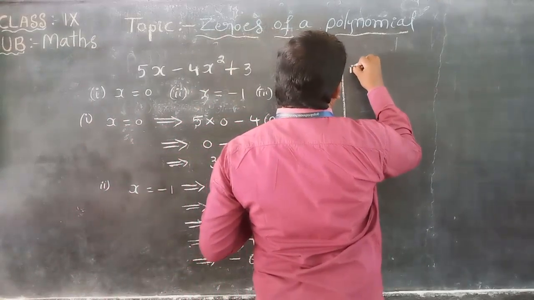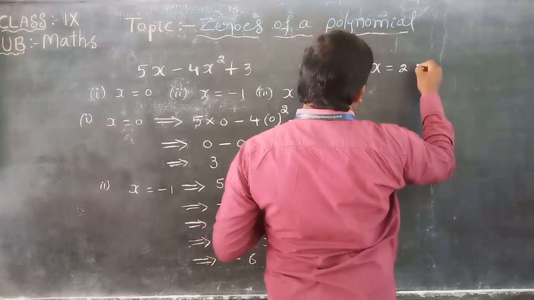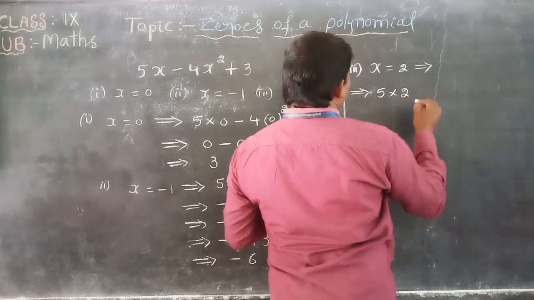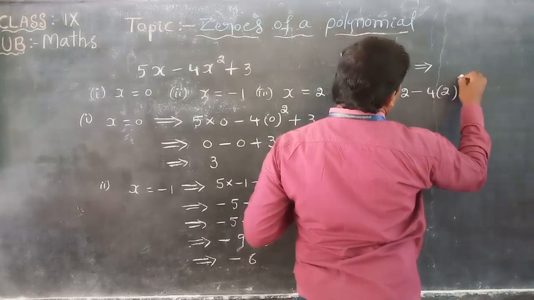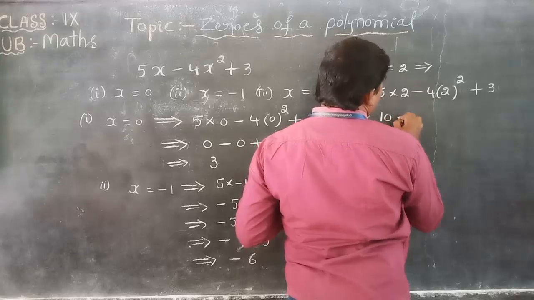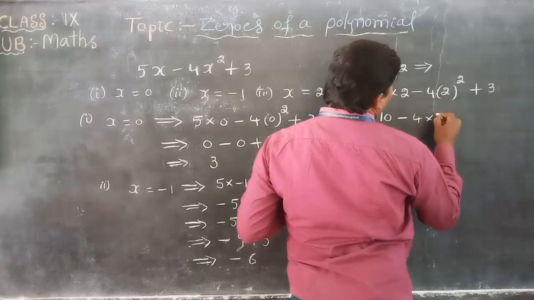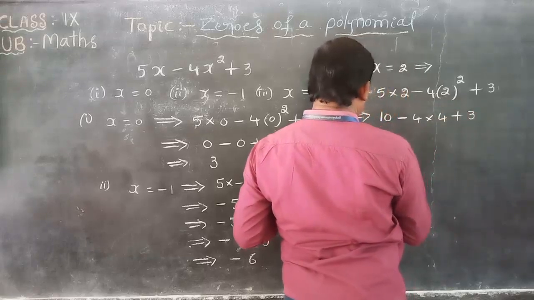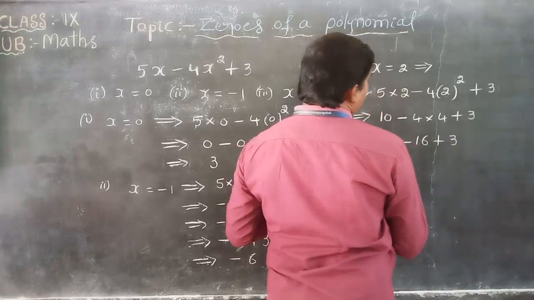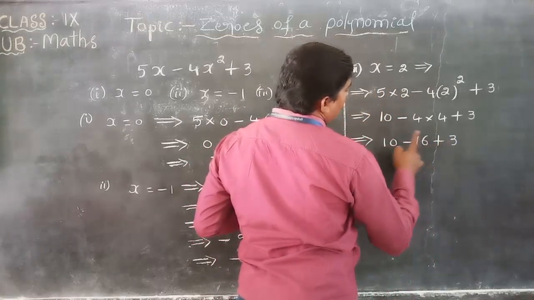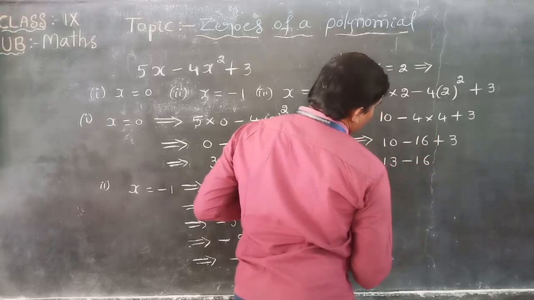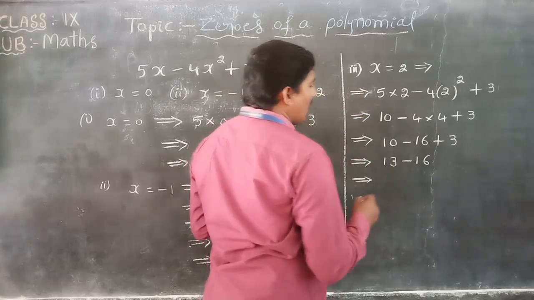X is equal to 2. Substitute, then we get 5 into 2 minus 4 into 2 square plus 3. 5 twos are 10 minus 4 into 2 twos are 4 plus 3. 10 minus 4 fours are 16 plus 3. 10 plus 3 is 13. 13 minus 16, one is positive, one is negative, so subtraction should be done, and the symbol is that of the bigger number.